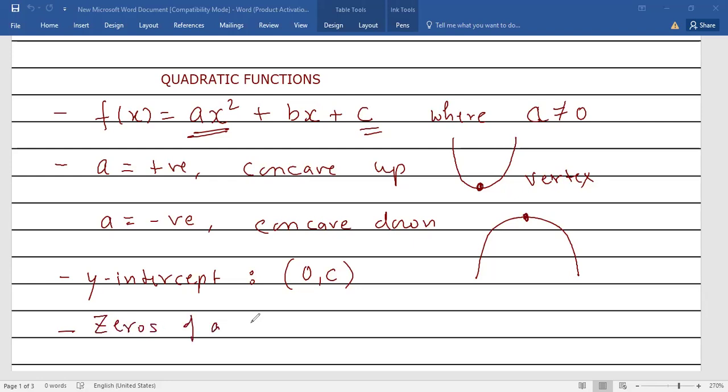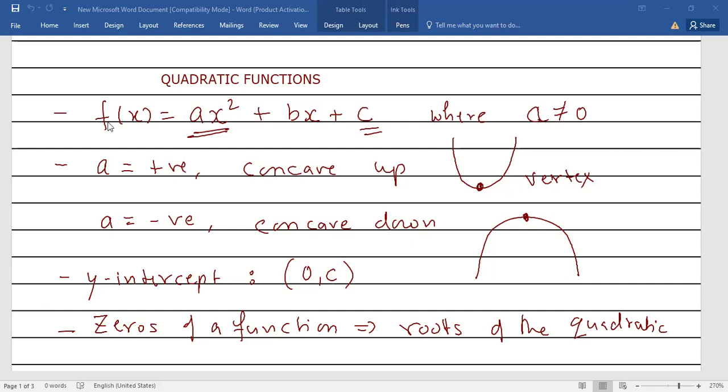Zeros of a quadratic function means the roots. These are the roots of this quadratic equation, which we will get when we solve ax² + bx + c = 0.